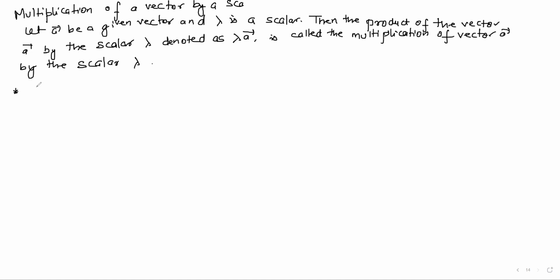Some points we need to note: lambda A is also a vector, collinear to the vector A. Okay. So that means parallel or anti-parallel to vector A. Both the cases can be taken because if lambda is -1, then it will change the direction.